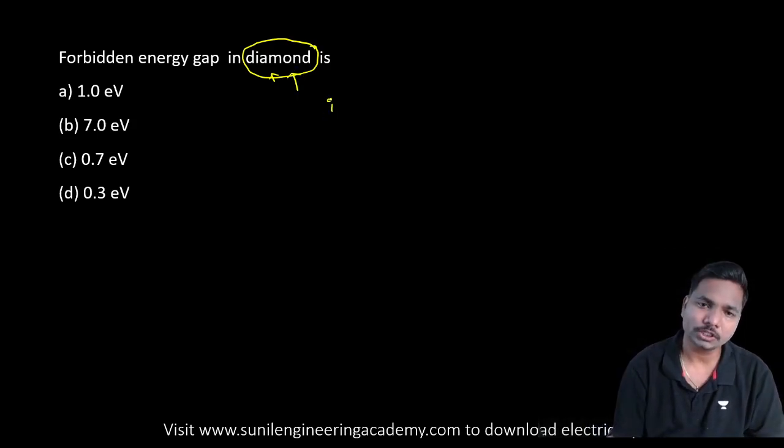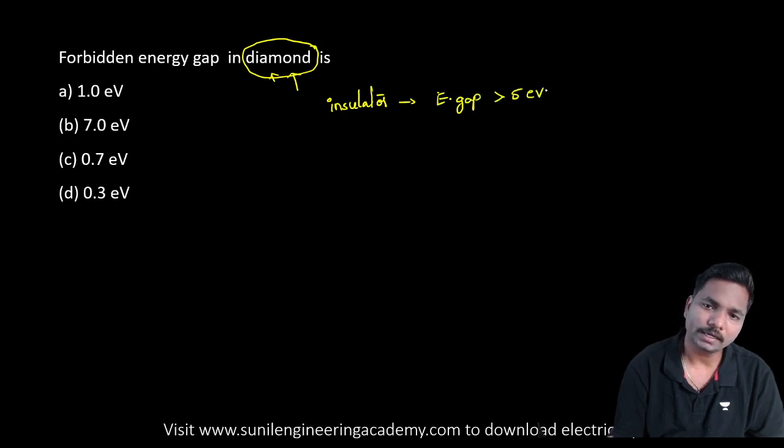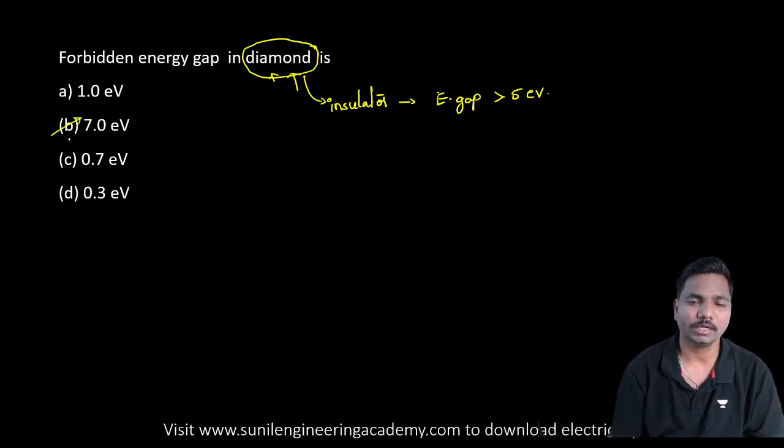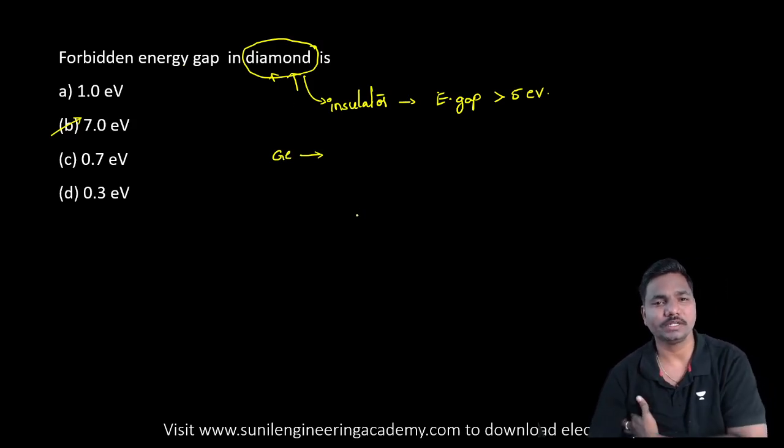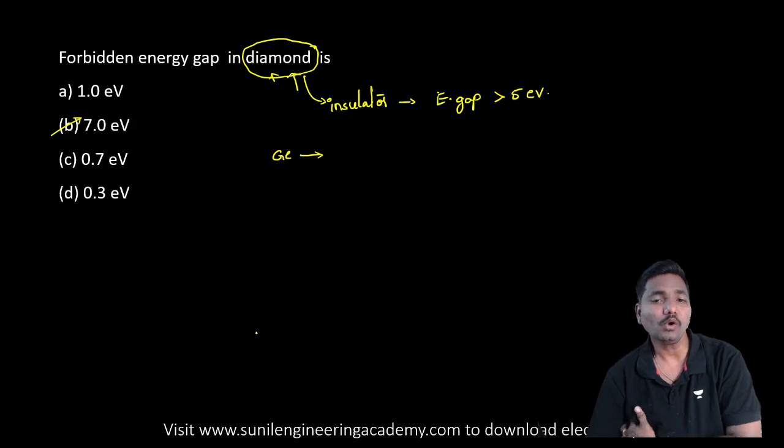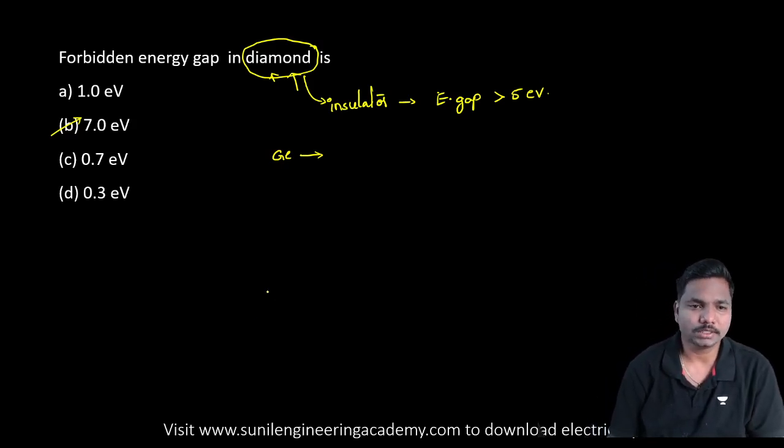If it belongs to insulator, the forbidden energy gap is greater than 5 electron volt generally. The diamond is an insulator, so greater than 5 electron volt, we have one option, so directly give the answer. If the material belongs to semiconductor, for example germanium, then it is in the order of 1 electron volt, so we can use that one, 0.7. Like that we can use the answers.